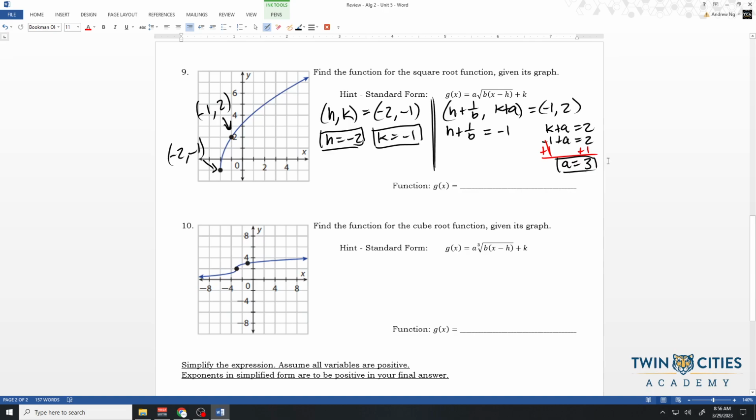The last thing I need to find is b, because I've got a, I've got h, and I've got k. So plugging in h, which I found earlier is negative 2, this is negative 2 plus 1 over b is equal to negative 1. So adding 2 to both sides, I've got 1 over b is equal to negative 1 plus 2.